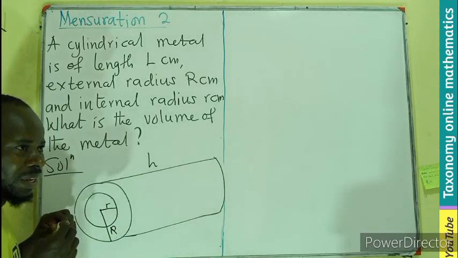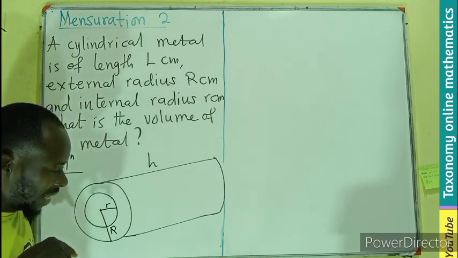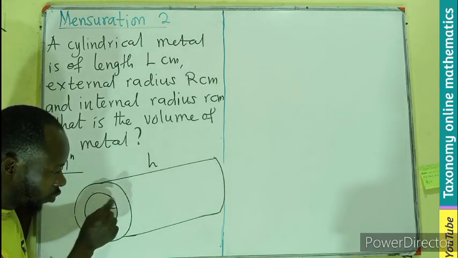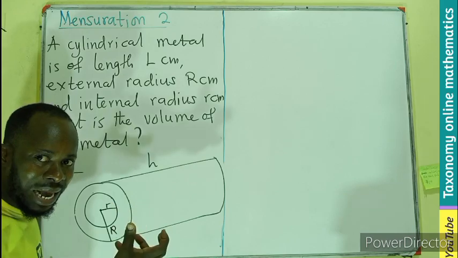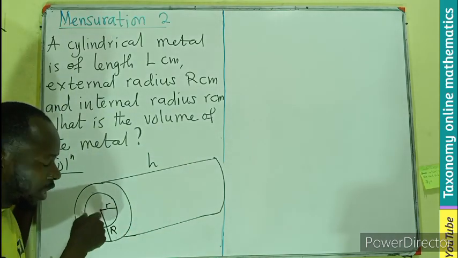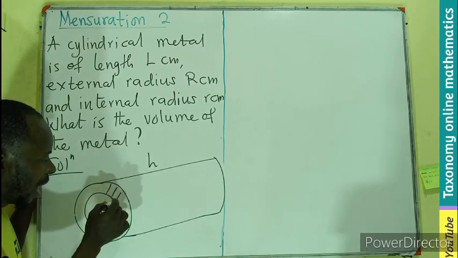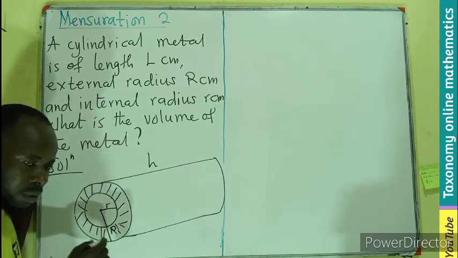So what are you finding? You want to find the area of the cross section, right? And what is the area of the cross section? This is going to be an empty space. So this is the material of the metal being used. The metal is not in the middle. That is the hole. So the material of the metal is found at this shaded portion, right?